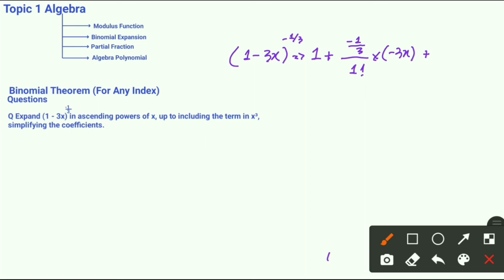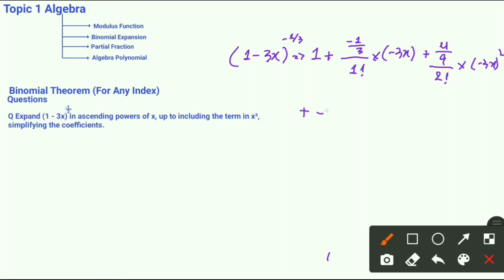First of all, it's going to be minus 1 upon 3 multiplied by minus 4 upon 3. So it's 4 upon 9, over 2 factorial, multiplied by minus 3x squared. And then the third would be n multiplied by n minus 1 multiplied by n minus 2.